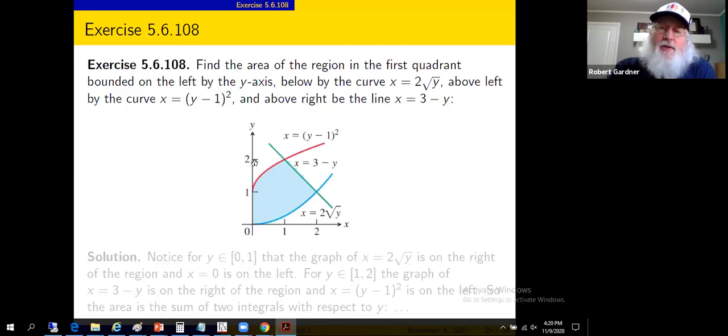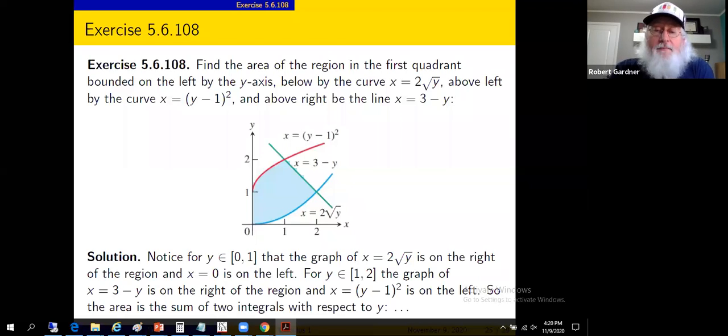For y between 1 and 2, we get x equals this red function on the left, and x equals this green function on the right. So we can break it up as an integral from 0 to 1 plus an integral from 1 to 2. The left and rights change. Actually, they both change at 1, but that's okay. We just break this region into 2 pieces and deal with that.